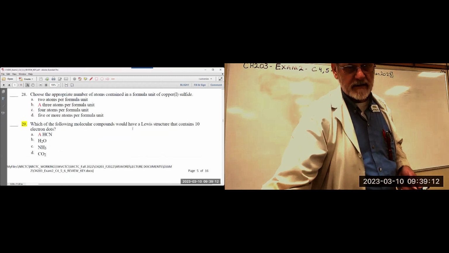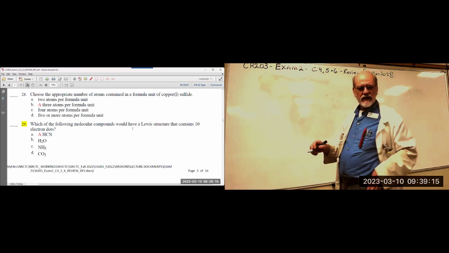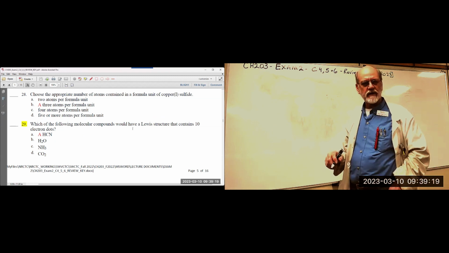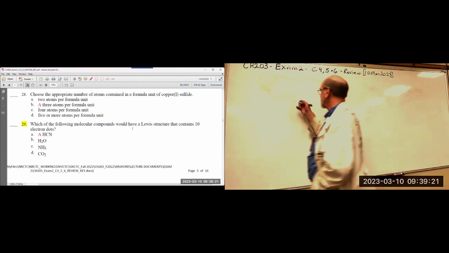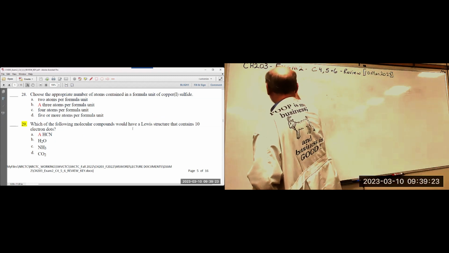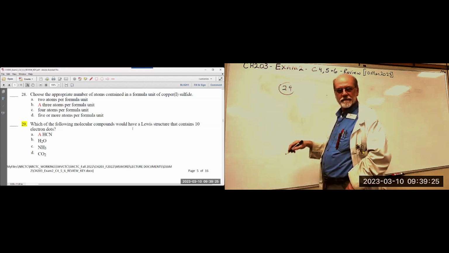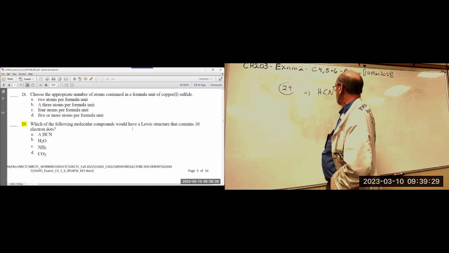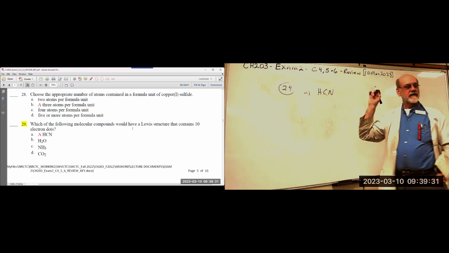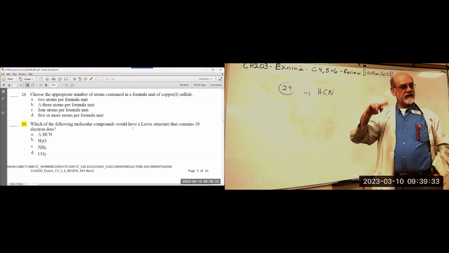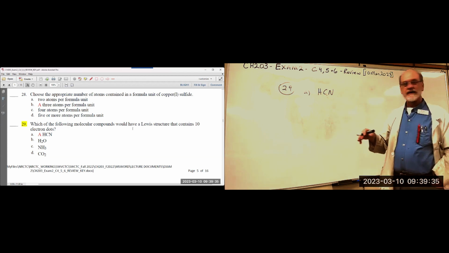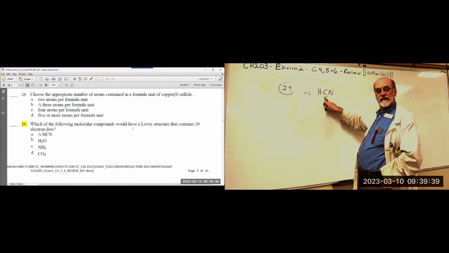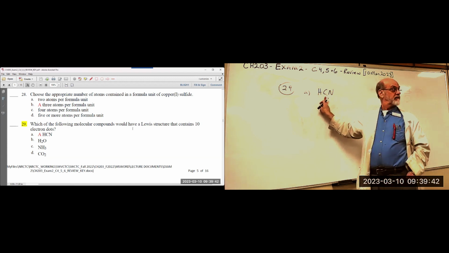Alrighty, 29. Which of the following molecular compounds would have a Lewis structure that contains 10 electron dots? So remember how to draw a Lewis dot structure? Where do you start first? You add up the valence electrons for everyone. This one has 1. Carbon has 4. Nitrogen has 5.